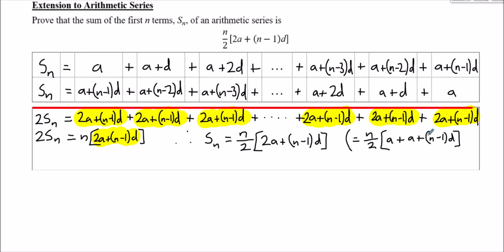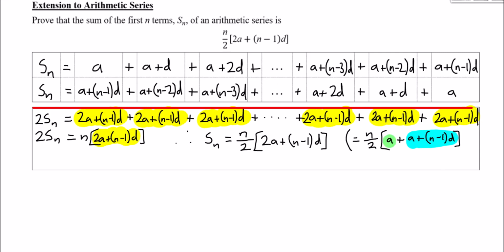And if you think of it in this way, then the nth term of an arithmetic sequence is a plus n minus 1 lots of d. That's the last term, and obviously this here is the first term.